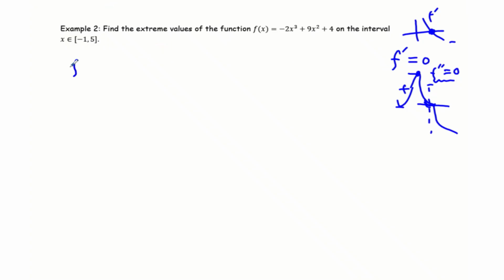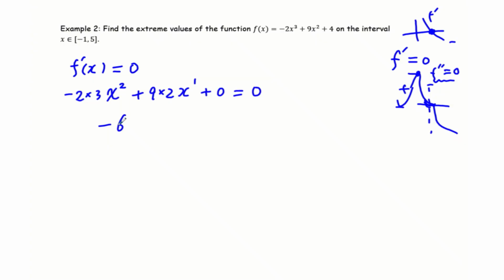So f prime at x equals 0. We solve for f prime, so we take the derivative of this function. So -2 times 3, then x to the exponent 3 minus 1 is 2, plus 9 times 2, x to the exponent 1, then the constant derivative is 0.